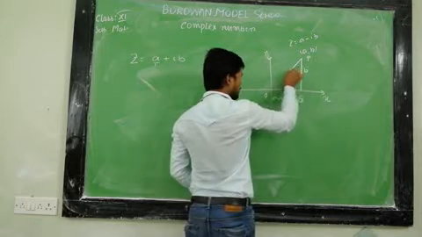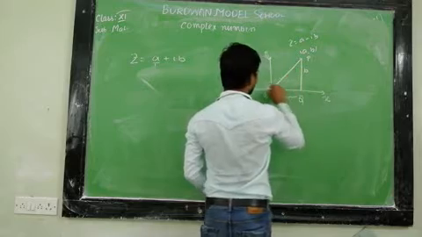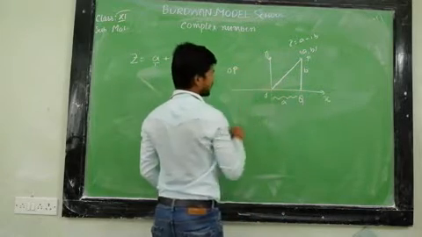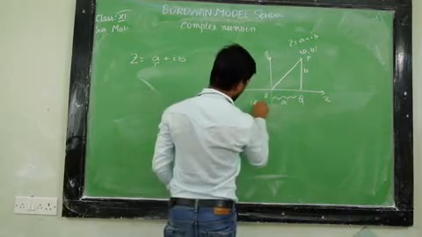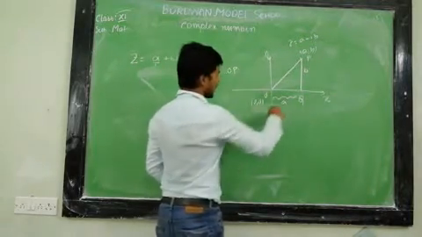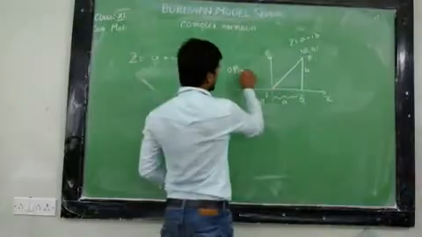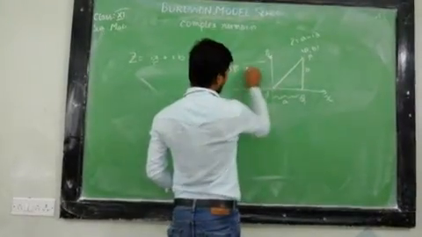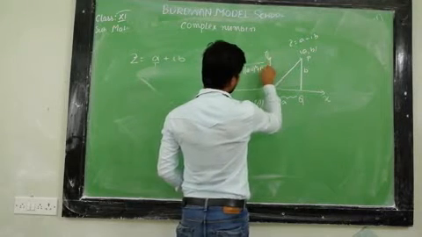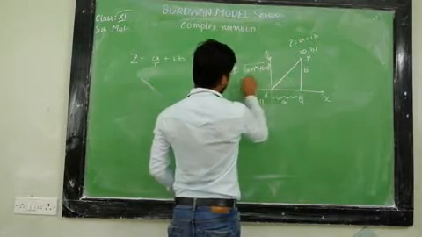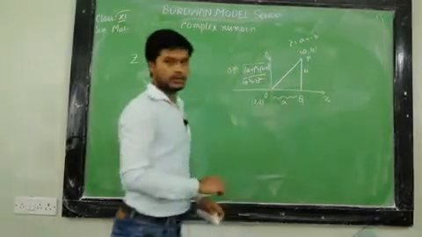then you can easily calculate the distance of the line OP. So OP is, look, there is a formula: the coordinate of the point O is 0 comma 0 and the coordinate of the point P is a comma b. So the distance between the points O and P is the square root of (a minus 0) whole square plus (b minus 0) whole square, that is the square root of a square plus b square.